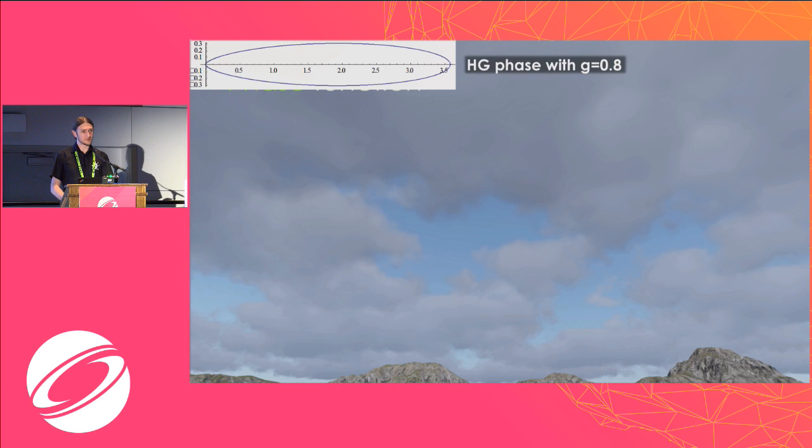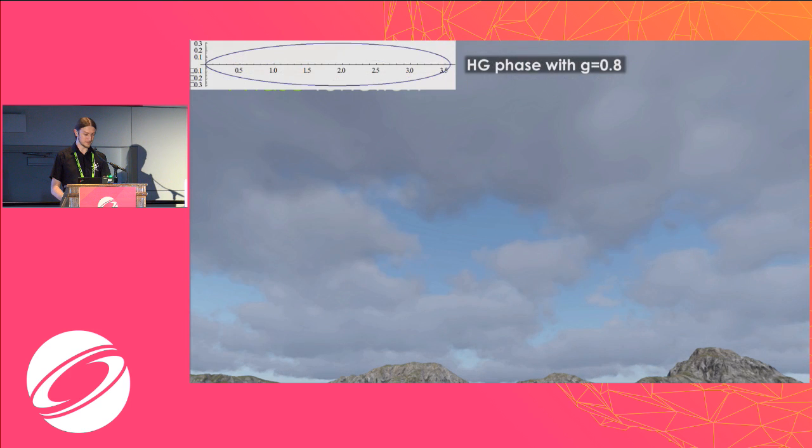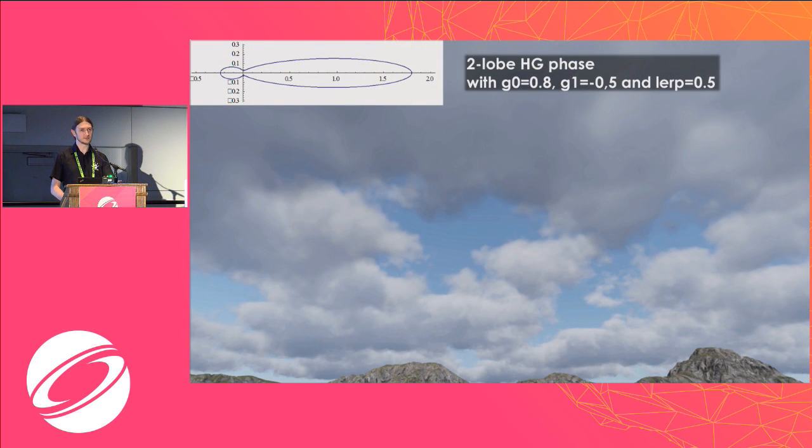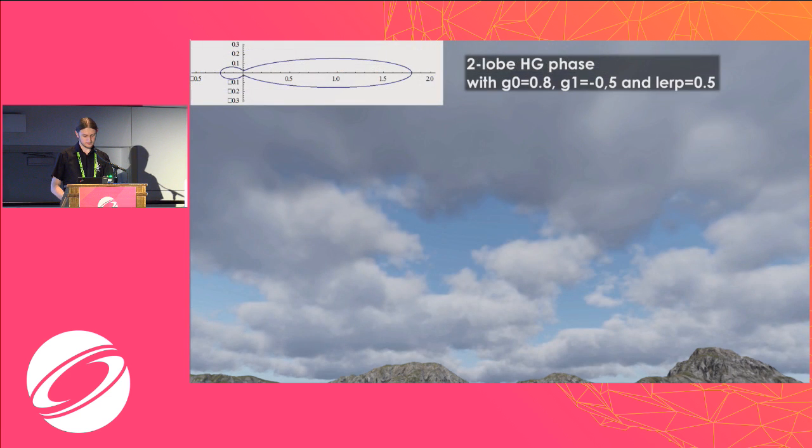But when you look away from the sun, if you only have forward scattering, then the clouds will only have ambient color and lighting on them, making them look flat and uninteresting. If you then use the dual lobe phase function, you get more details out of them, and you also see some self-shadowing effect. So this definitely makes them look more like what you would expect in real life.